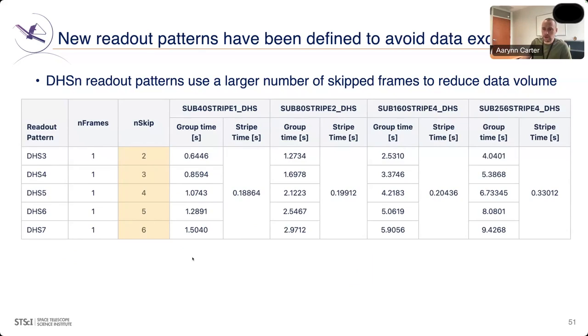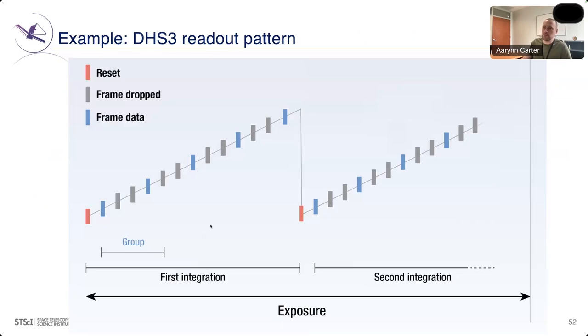As an example of that, I can show a ramp for the DHS3 readout pattern. These are the kind of patterns we've added, DHSN, and 3 here is the number of frames that are being read out. The number of skipped frames is always 1 less than that number. So for DHS3, we go up our ramp, we've performed our reset, we take a read, we then skip 2 reads.